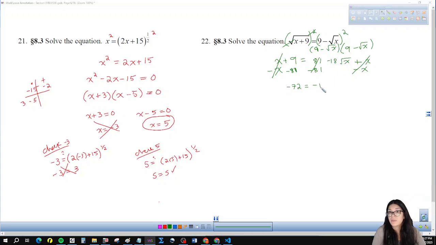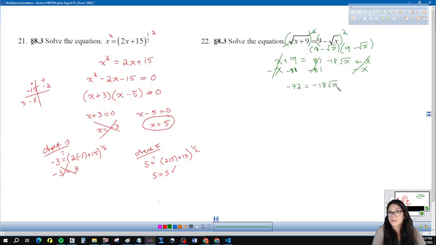On the right side, we have negative 18 times square root of x. So I have another radical that I have to eventually try to get rid of. Before I do that and square both sides, I can divide by the negative 18 to get rid of that coefficient. So negative 72 divided by negative 18 is positive 4. And so then I now have 4 equals square root of x.